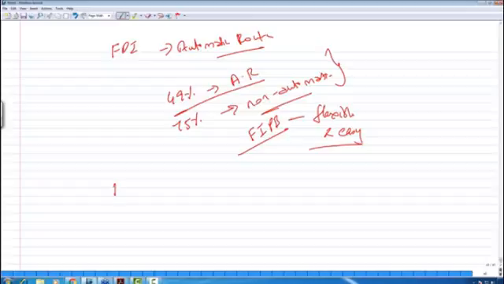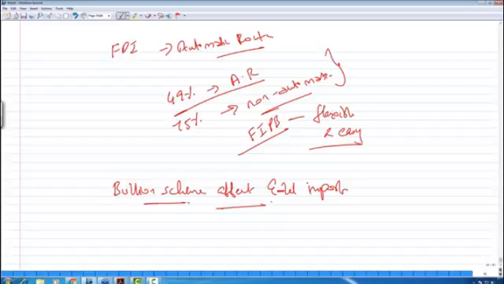Another question asked is, how will bullion scheme affect gold import? The reason why this bullion scheme is launched is that because gold is now a currency, more people might be interested in converting their hoard or wealth of gold into currency.